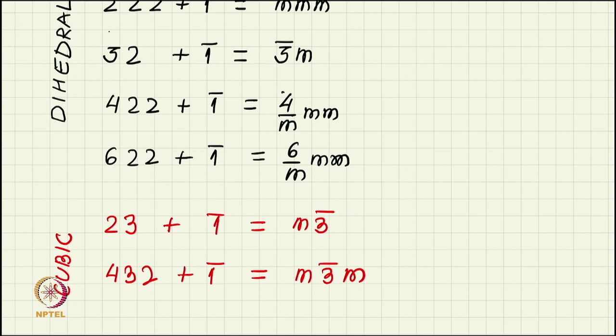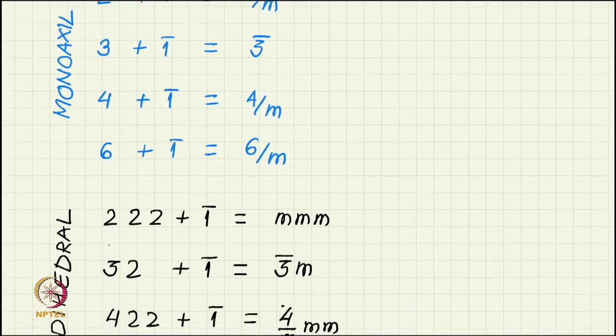So that completes the 11 centrosymmetric groups.